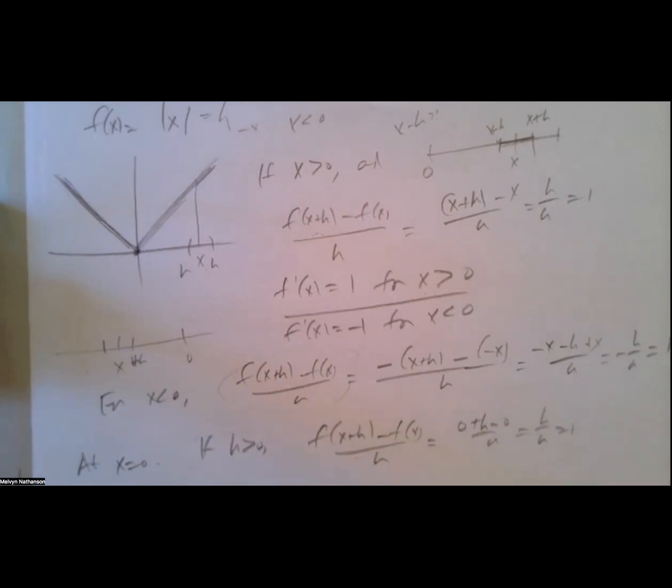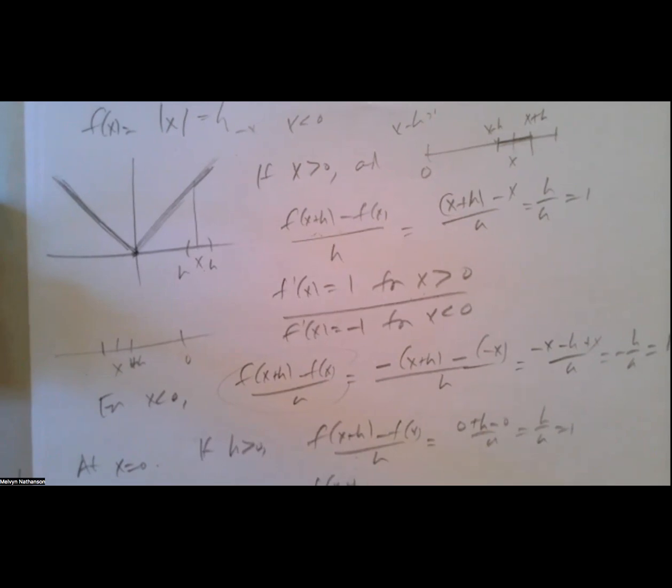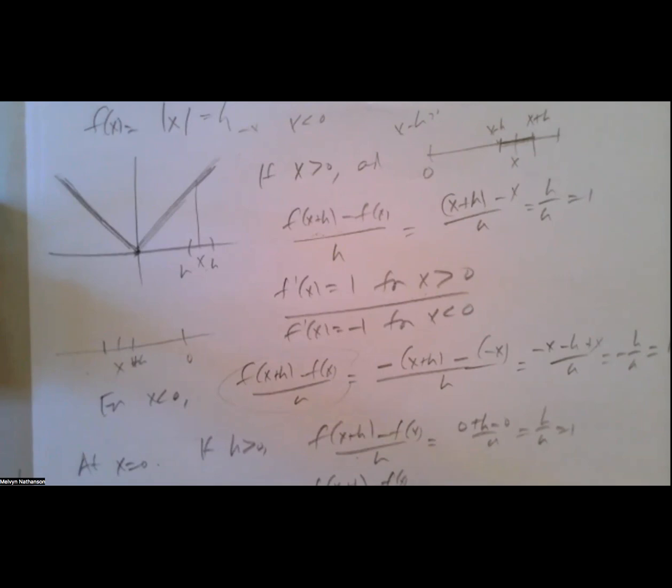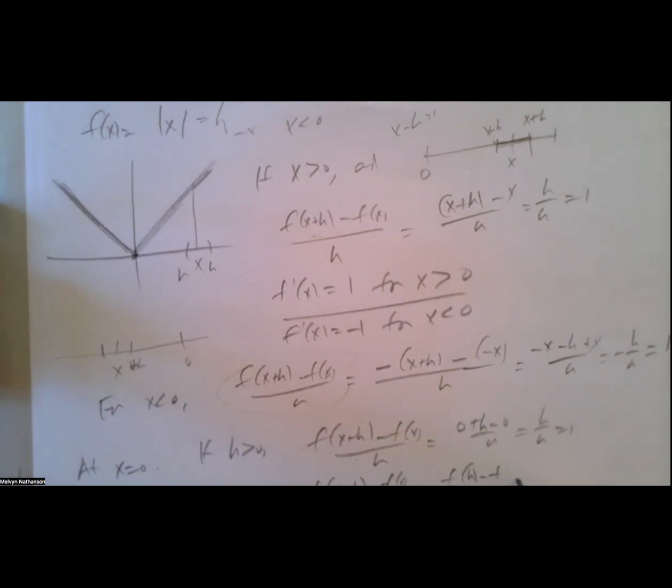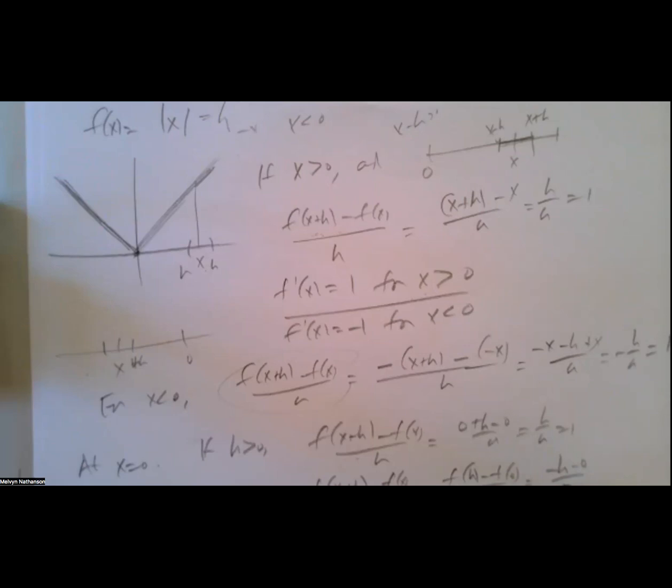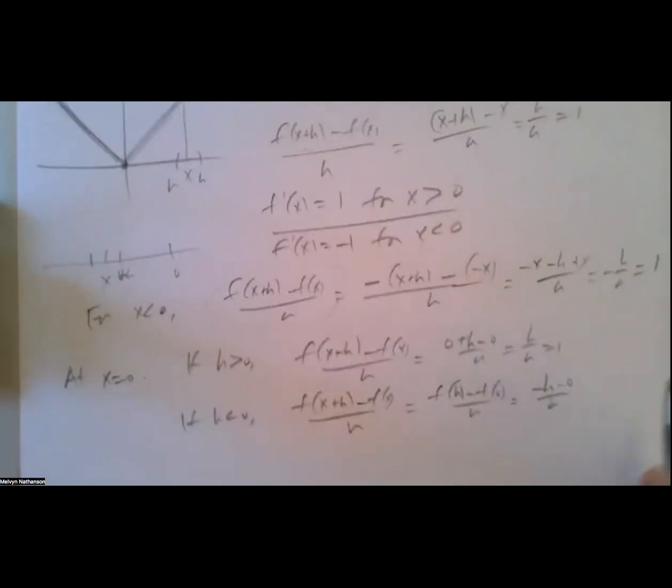But if h is negative, f of x plus h minus f of x over h, x is 0. This is really f of h minus f of 0 over h. This is minus h minus 0 over h. Minus h over h is minus 1.